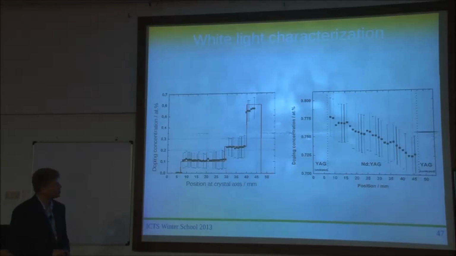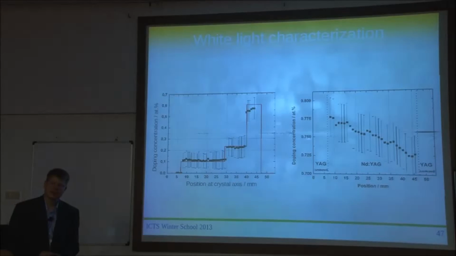We ordered a crystal which should have a doping concentration of 0.7%, so that would be here. And it's not only that this crystal is not really what we ordered, it has a higher doping concentration. It's also that you have this sort of gradient along the crystal axis.